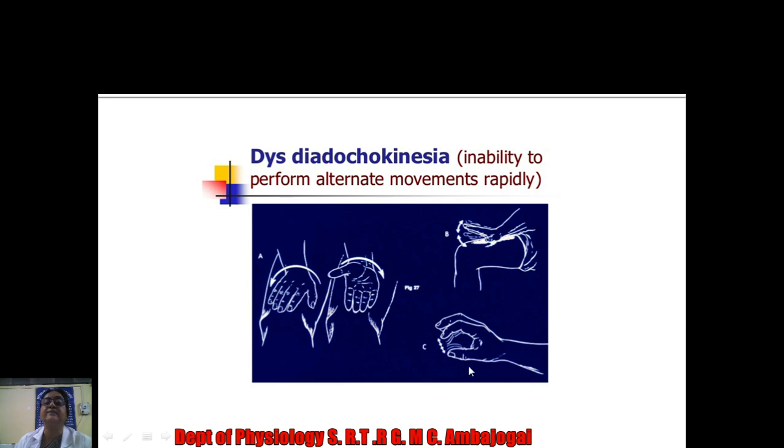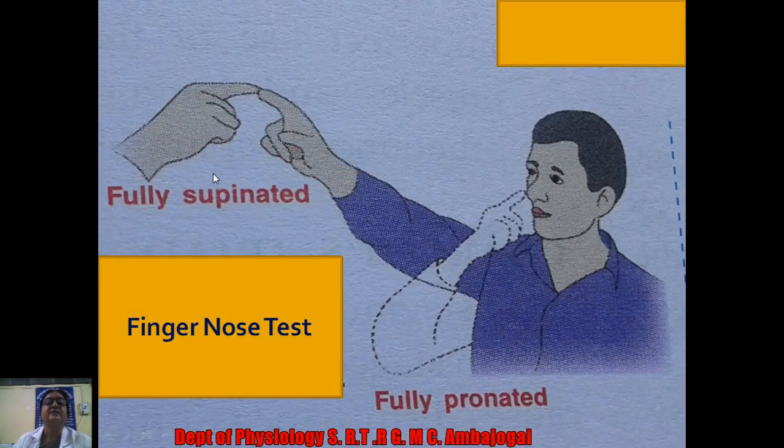This test is called the knee pad test, that is, alternate pronation and supination. Next, this incoordination is also tested clinically by the finger nose test. In that also we can do, alternately, full supination and full pronation.